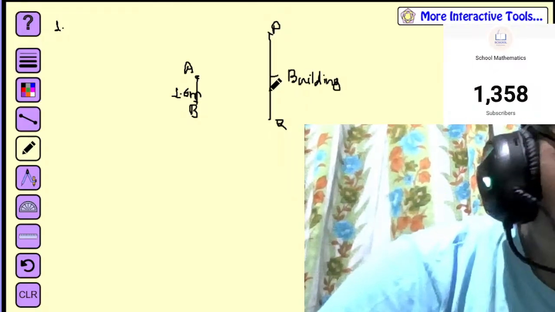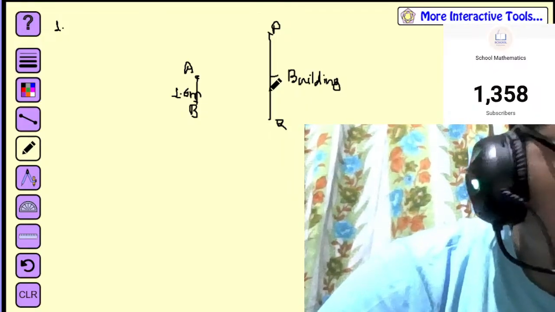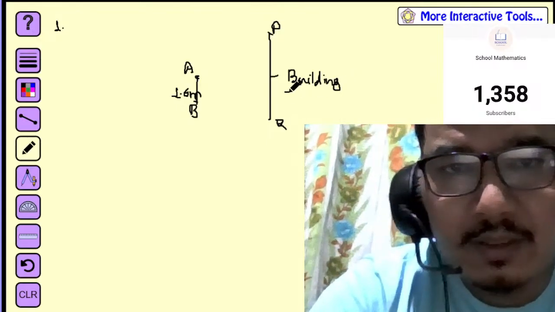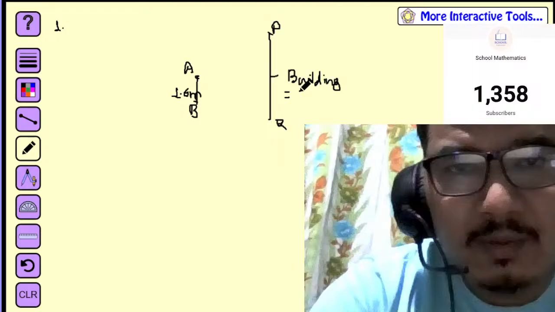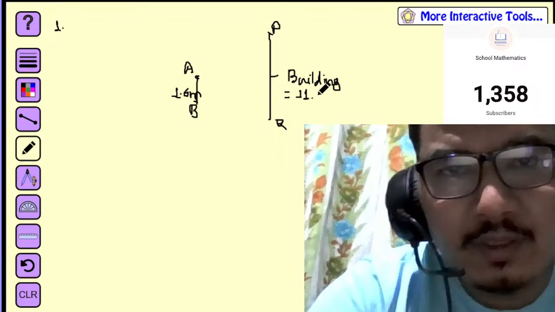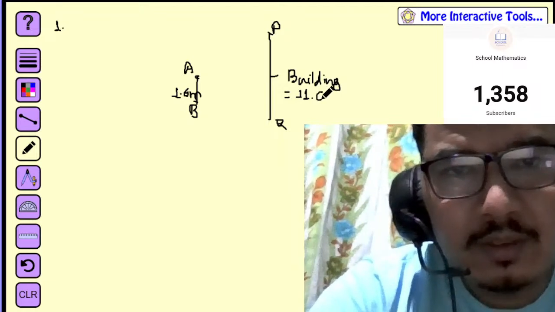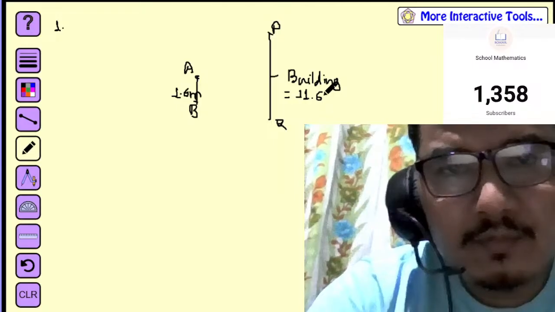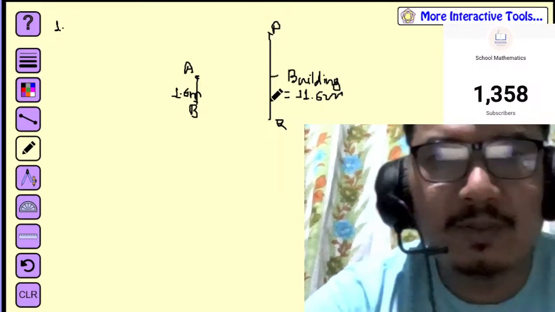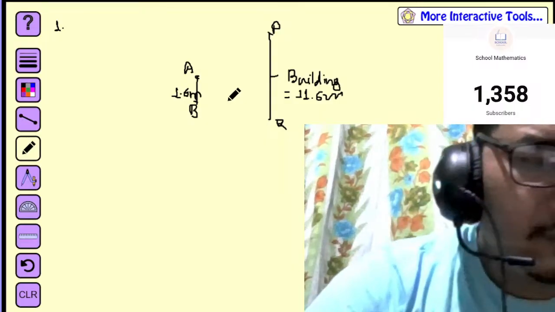And the height of the building is given as 11.6 meters. Look here, it is given there, 11.6 meters, the height of the building.